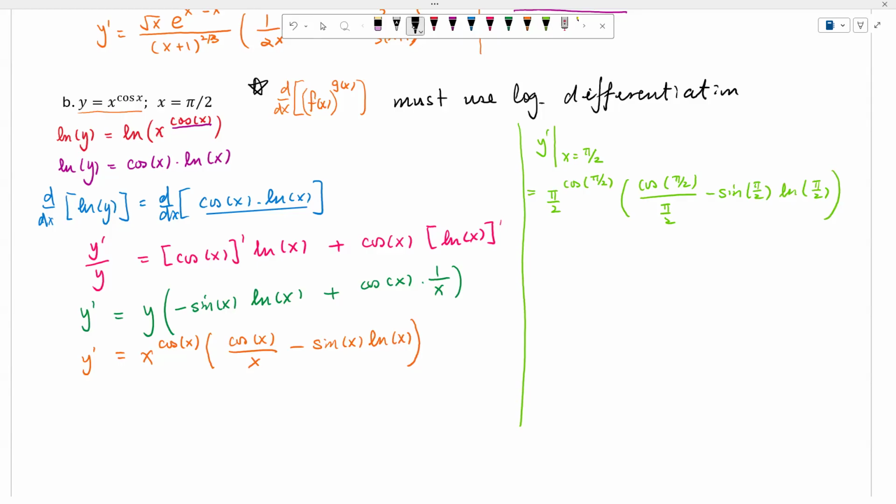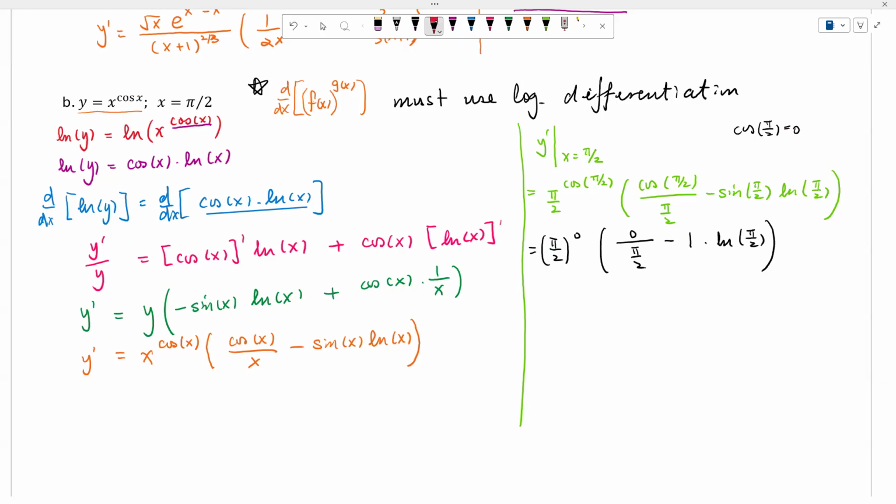Okay, and then we know that in this case, cosine of pi over 2 is equal to 0. That means I have pi over 2 raised to the power of 0, times 0 divided by pi over 2 minus sine of pi over 2, which is 1, times natural log of pi over 2.